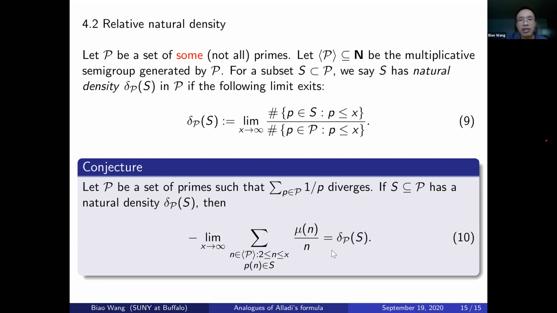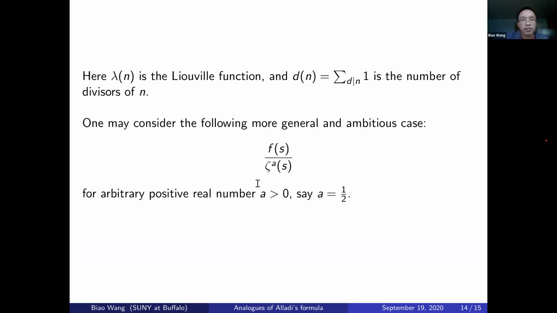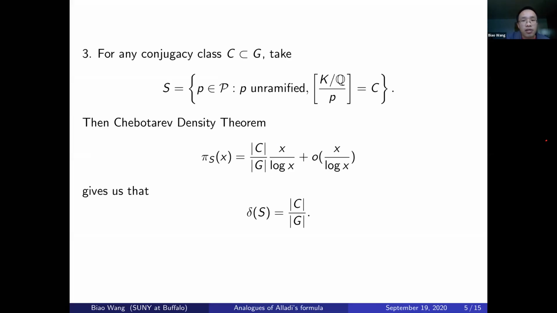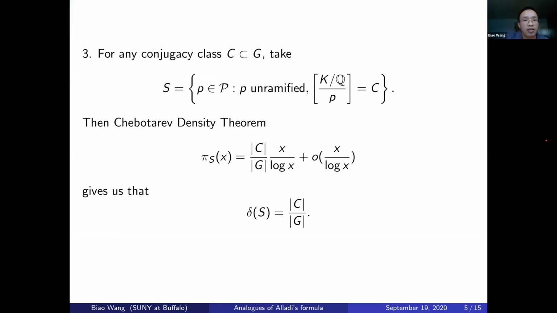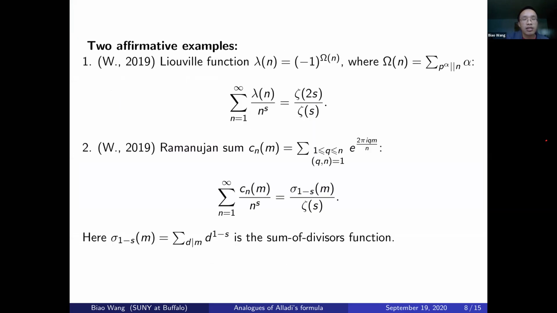And so actually, I proved that the prime number theorem is equivalent to the formula for the Euler function. So in my first paper, I proved that the prime number theorem is equivalent to the formula for the Euler function, but I didn't prove the result for the Ramanujan sum.